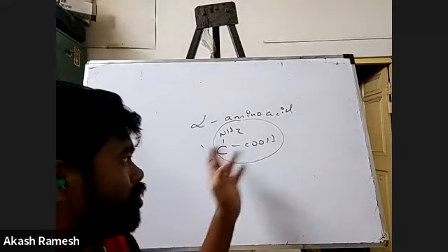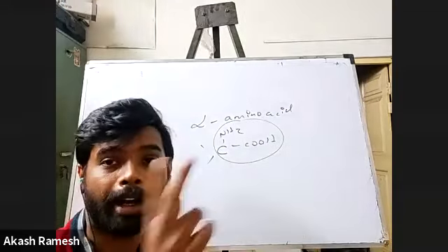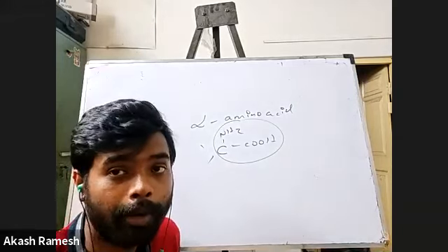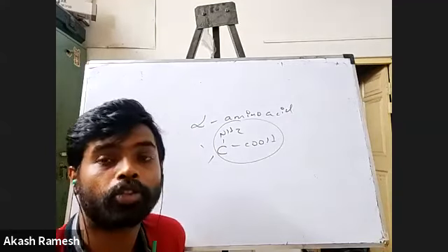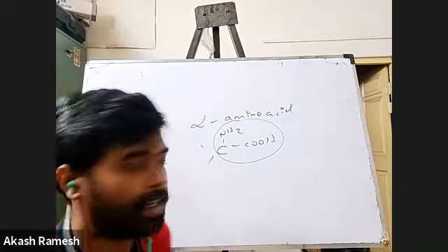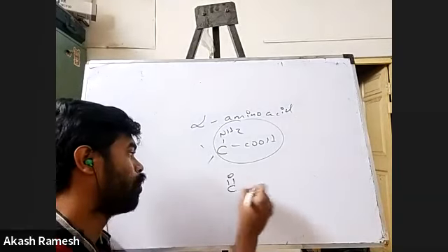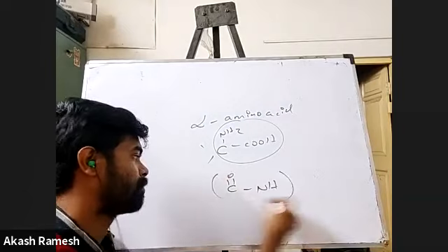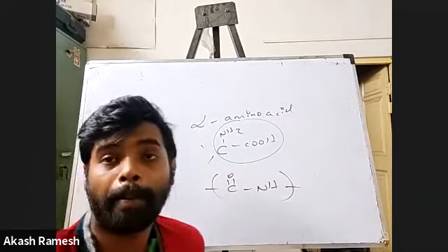two amino acids can be connected together with the help of what bond or what linkage? Peptide linkage. When I say a peptide linkage, peptide is basically an amide linkage. If I have a CONH linkage, that is my peptide linkage.